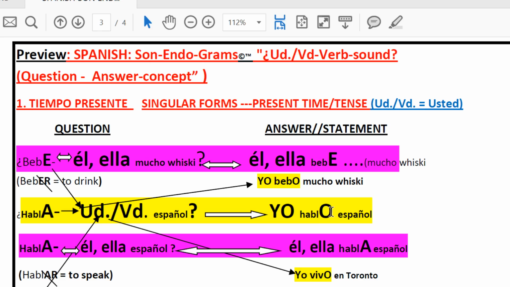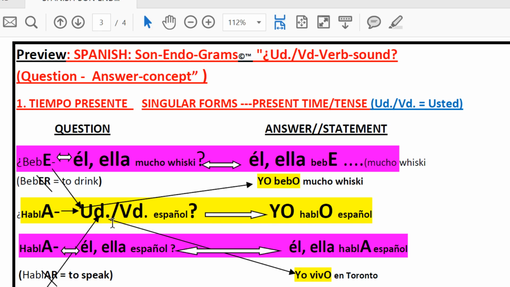It is so meaningful that, especially in the present tense, whenever you hear a verb sound ending with o, you know it's going to go with yo, which means I do so and so. In this case, it's yo hablo español. I speak Spanish. Negatively, yo no hablo español.